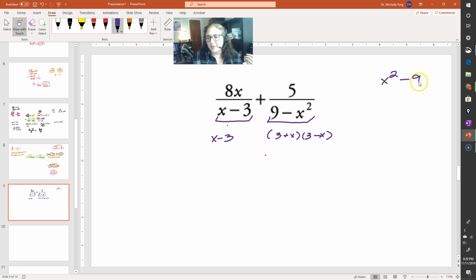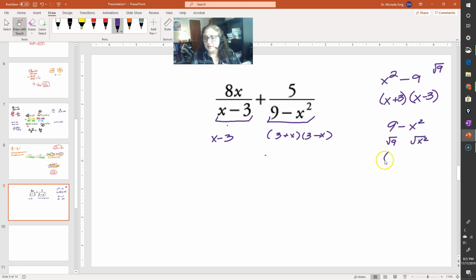Remember when you had this, what we did is you immediately was like, okay, x, and then you took the square root of 9, 3, 3, and then we had one the same and one different. That's the same thing here. The difference is when it says 9 minus x squared, it's that first we take the square root of 9, and then we take the square root of x squared. That's why it's looking like this.